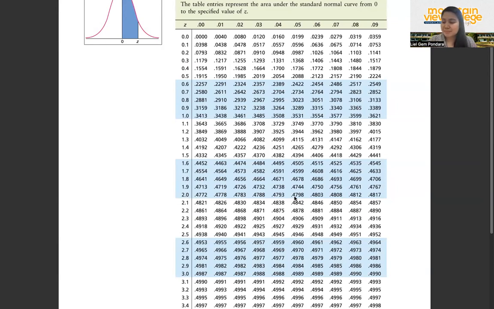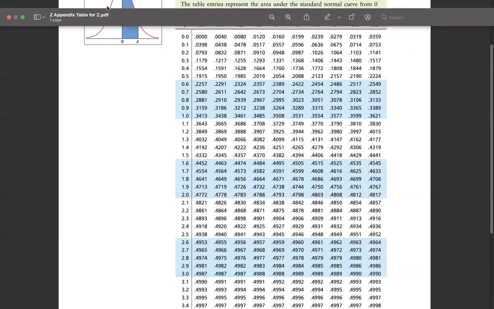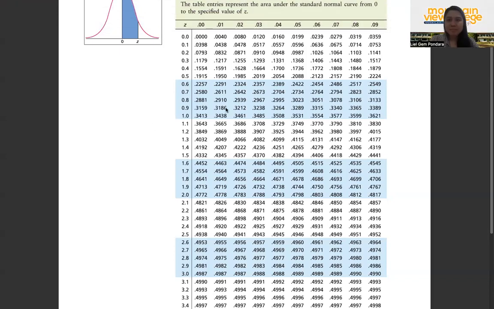Now next, we have 3.15. Z equals 3.15. Go. Okay, we have 0.4992.